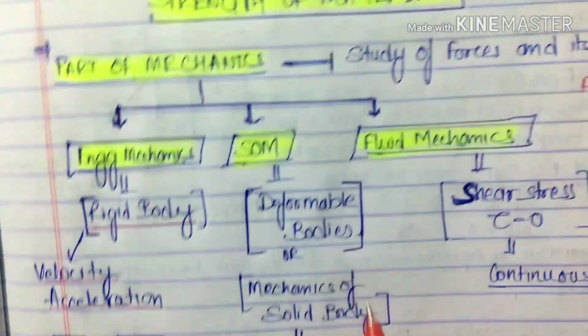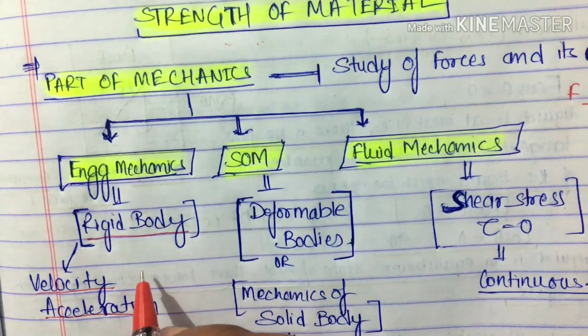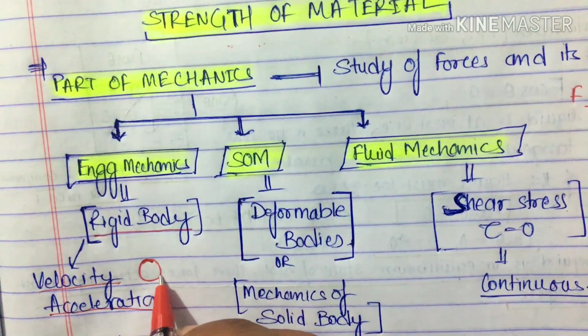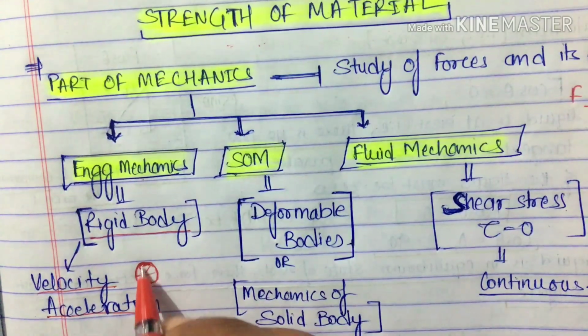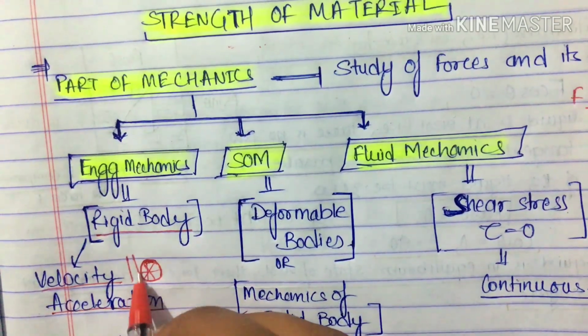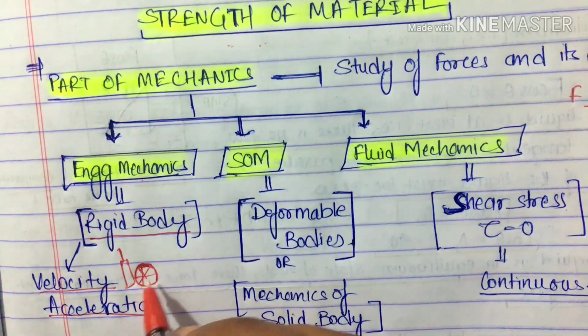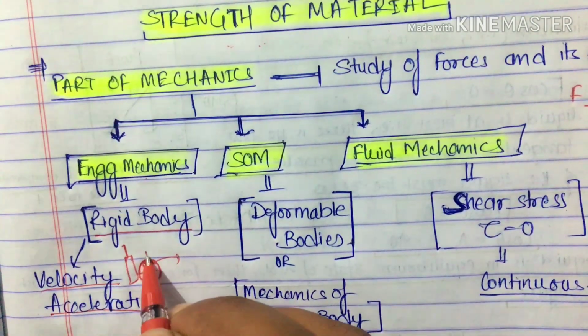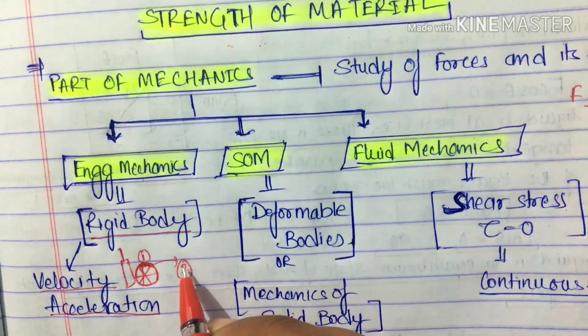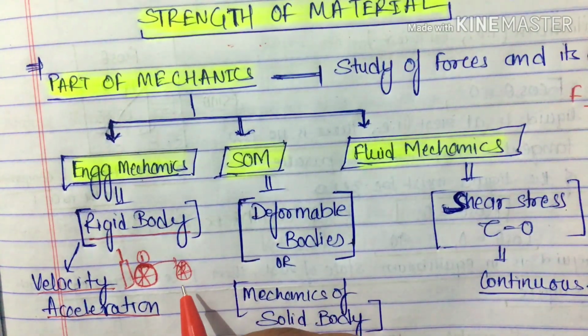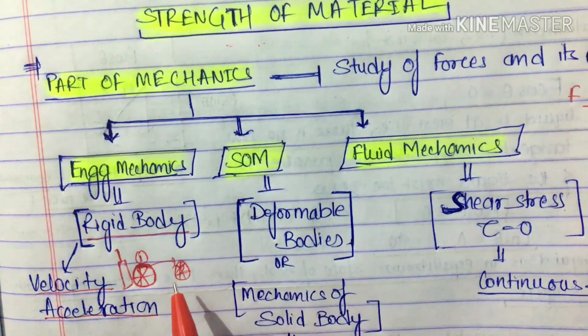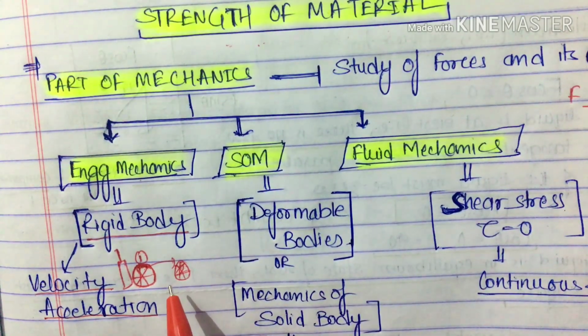Suppose there is a ball. Suppose this is a cricket ball and when you hit it with a bat, this ball is displaced from the first position to the second position. Fine, and there is no deformation. Even if there is deformation in the ball, we are not concerned about the deformation of the ball.